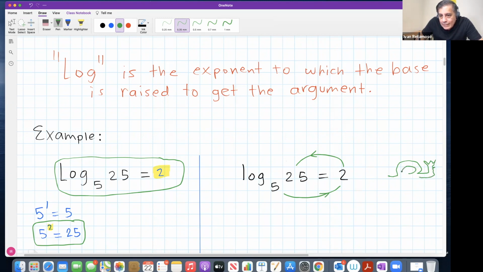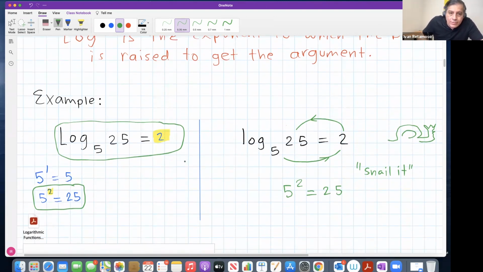So very often they say snail it. Mathematicians use this mnemonic device to go quickly from logarithmic form to exponential form. So log base 5 of 25 equal to 2 is the same as saying 5 raised to a second power equal to the argument 25. We're going to use this snail it mnemonic device a lot, so try to get used to it.